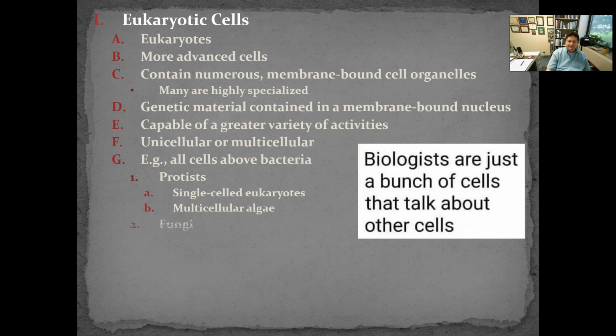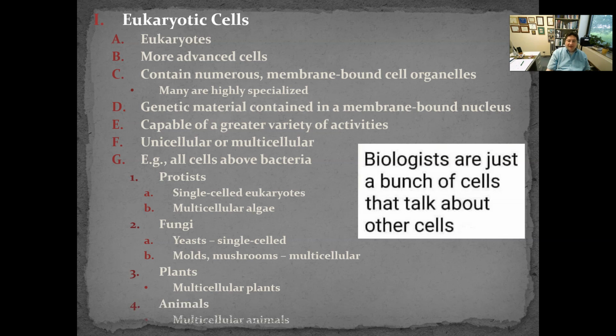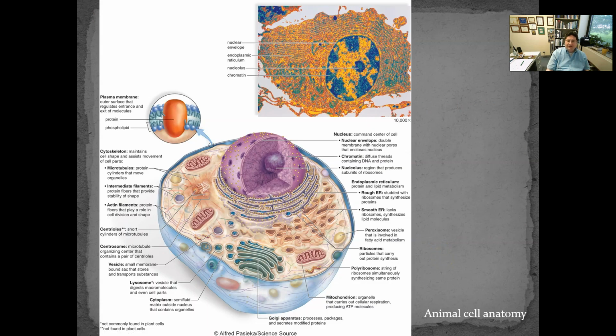So seaweeds. Fungi are yeasts, which are single-celled, and molds and mushrooms, which are multicellular. Multicellular plants are eukaryotes, and multicellular animals are eukaryotes. Now, in a microbiology course like this, pretty much it's protists and fungi that we're going to be focusing on here. Okay?